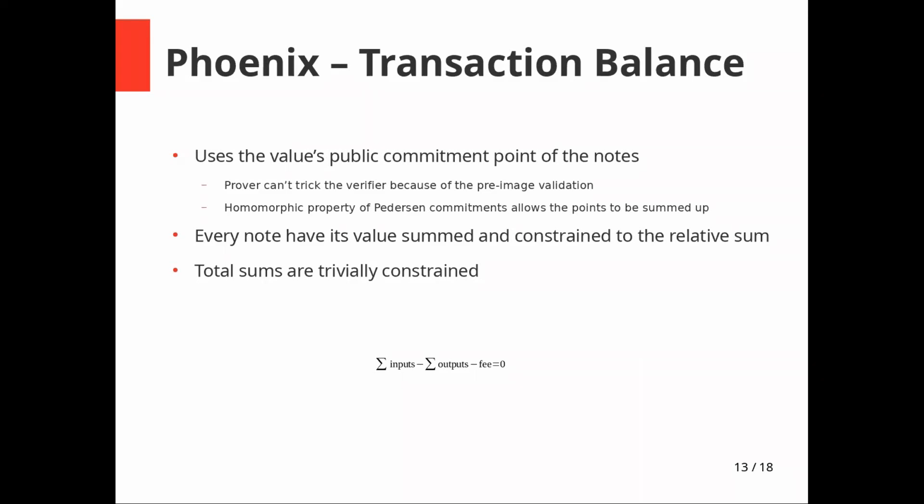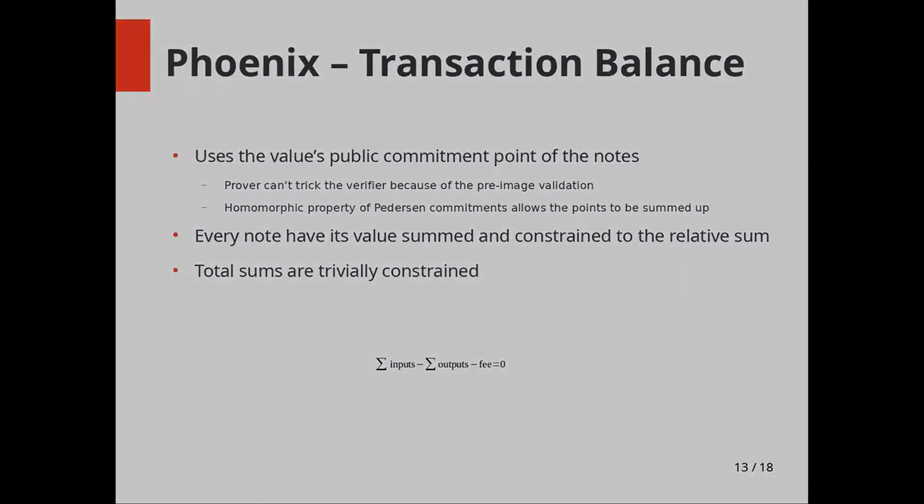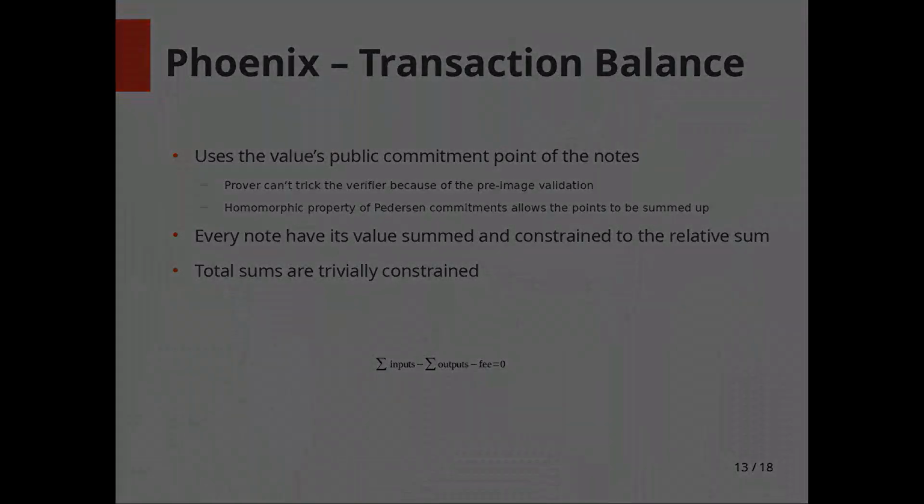And by the end, if we just constrain the input versus the output, it's trivial to see that if this is not zero, then the node is not consistent. So this implies that the input equals the output. And this is fully implemented. So this part, there is no question about that.